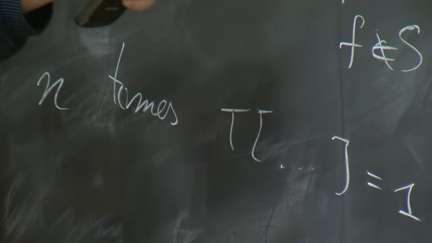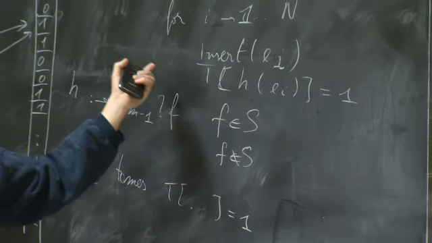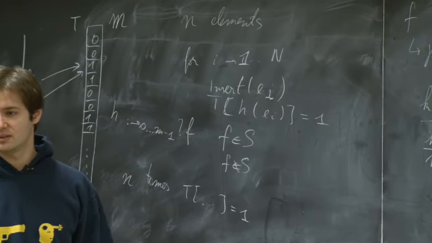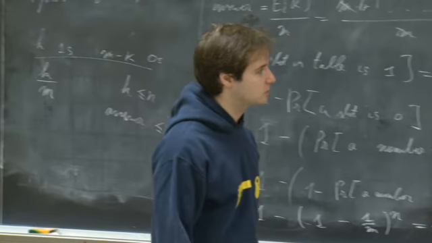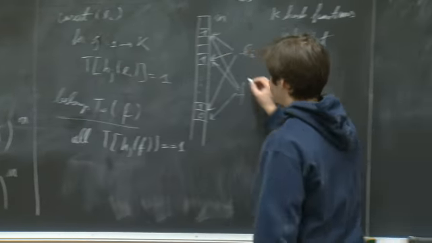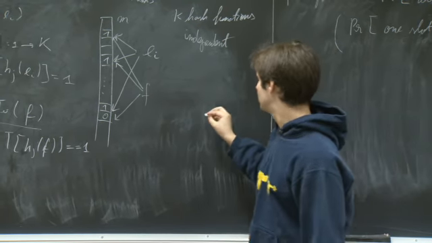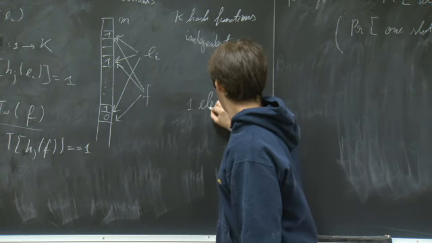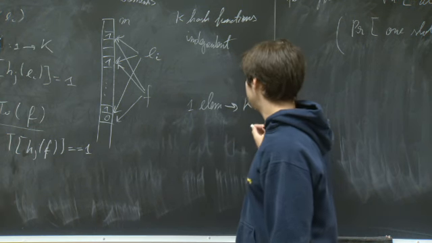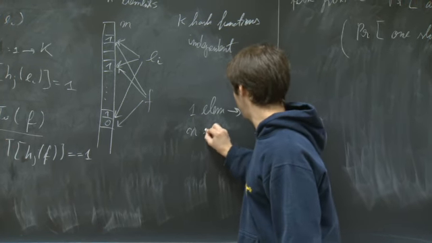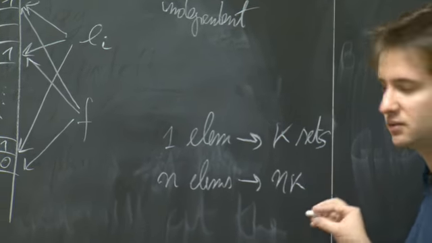For every element, we set one bit to 1. So it's raised to the nk? Yeah, pretty much. For every element, we hash it through all the k functions and set the corresponding bits to 1. So one element generates k set operations, and we have n elements total. So we set nk bits to 1.